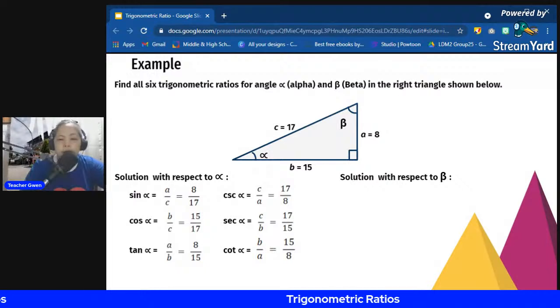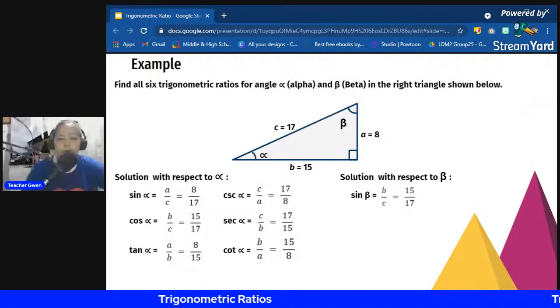So then, we have sine beta. Opposite is B over C, that's 15 over 17. Next.